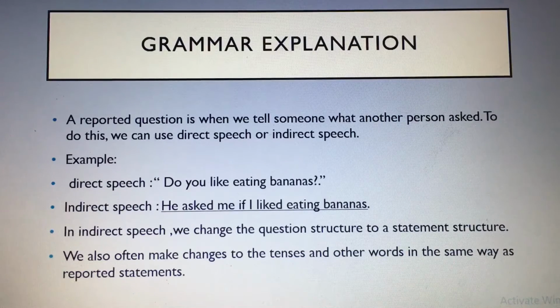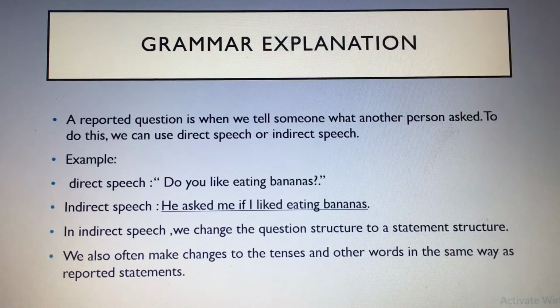We also often make changes to the tenses and other words in the same way as reported statements. As we studied in unit number 8, we change tenses when we make reported speech for statements. We do the same in reported questions.